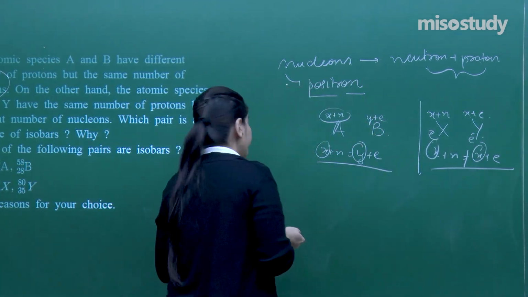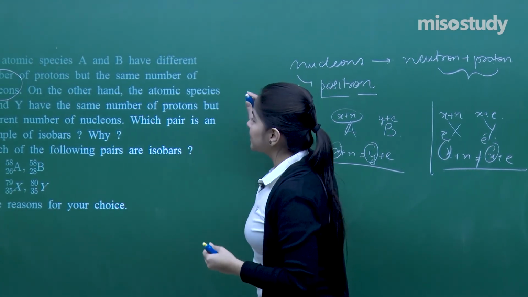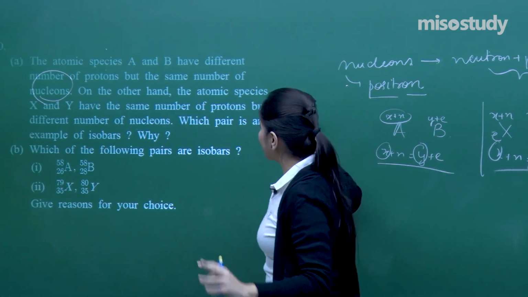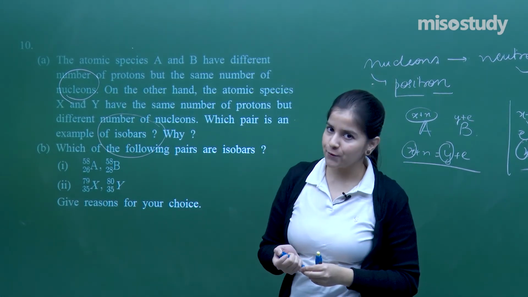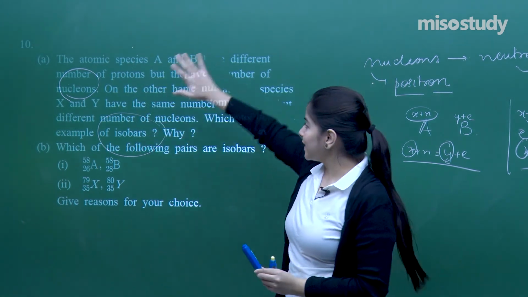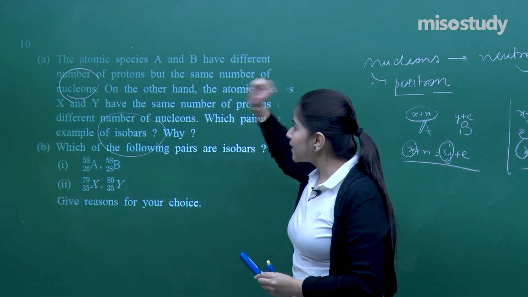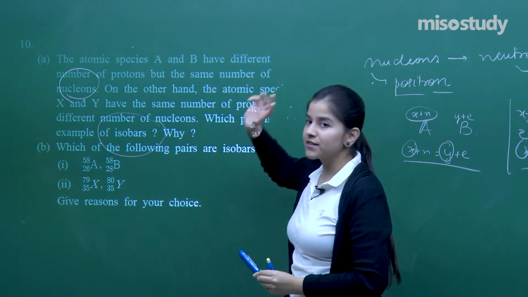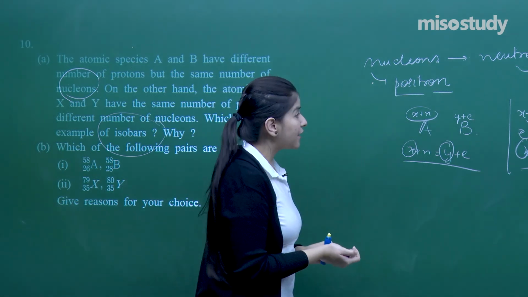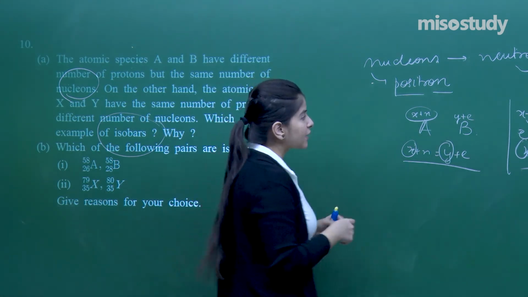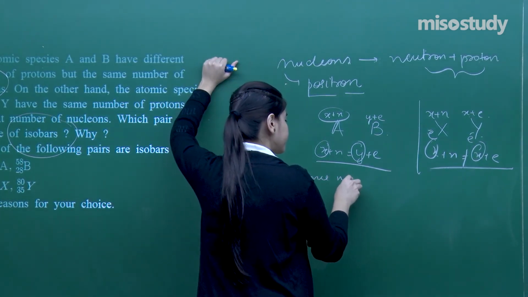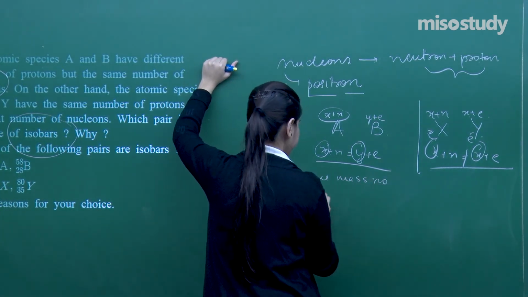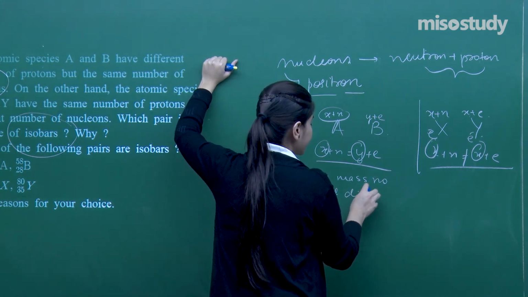Which pair is an example of isobar? So actually what they are saying is, which pair is an isobar? You need to have a great explanation for this, given what conditions they have provided. So see here, isobars are those which have the same mass number but different atomic number.